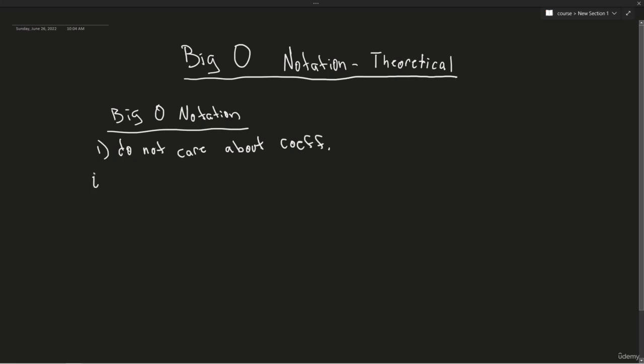And the second thing is, we only care about the highest power. Right? So now let's look at some examples of this and how we might be able to evaluate this.